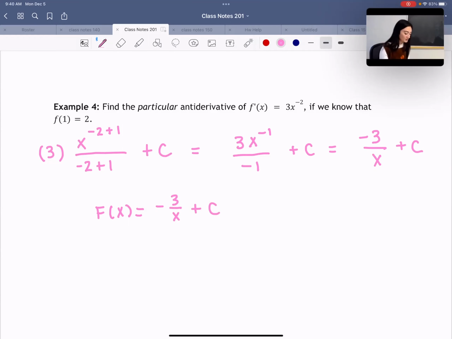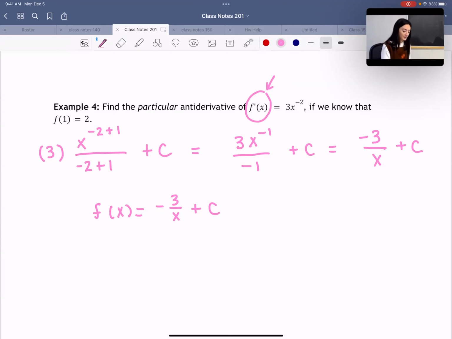Okay, now in this question, I know I said that big F represents the antiderivative, but since the question said that my derivative is f prime, my original function is really just little f. Does that kind of make sense? So to go from my original function to f prime, I know that the original function is little f.